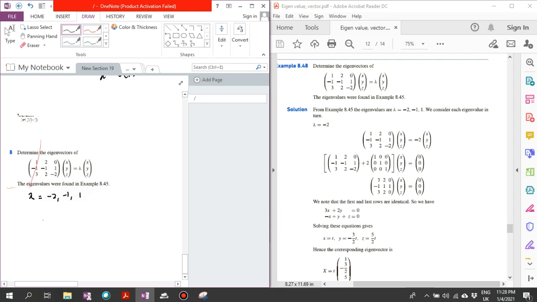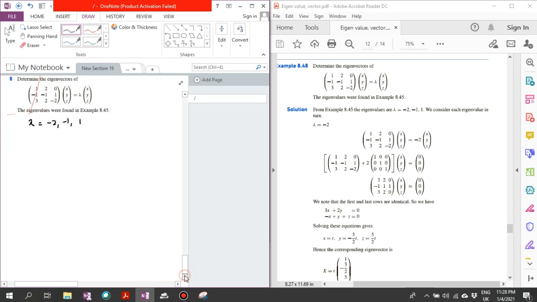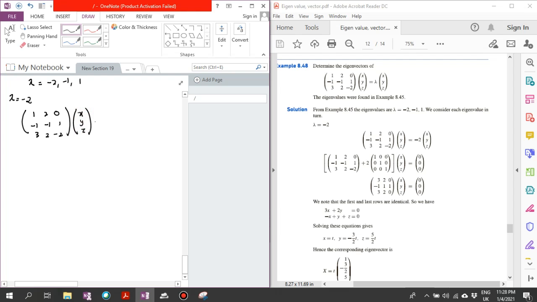In order to find the eigenvectors, we need to do it one by one. For example, we take lambda equal to -2. Your main matrix will be 1 2 0, -1 -1 1, then 3 2 -2, times x, y and z, equal to lambda, which is -2, times x, y and z.